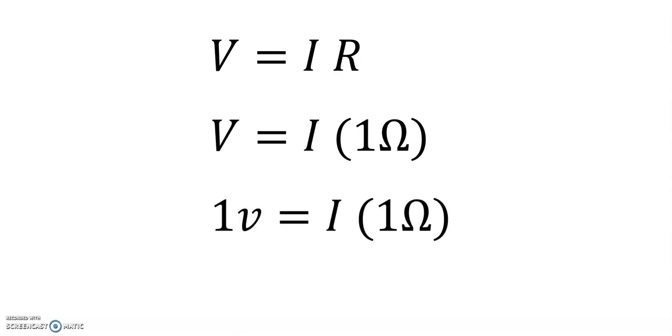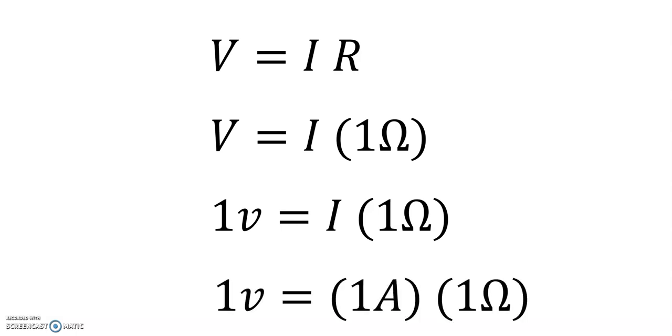So 1 volt is equal to my current multiplied by 1 ohm. What number do I need to multiply 1 ohm by to get 1 volt? Blank multiplied by 1 gives me 1. What's my number for blank? That means I have 1 amp. That's a nice way to show what the calculations are doing.